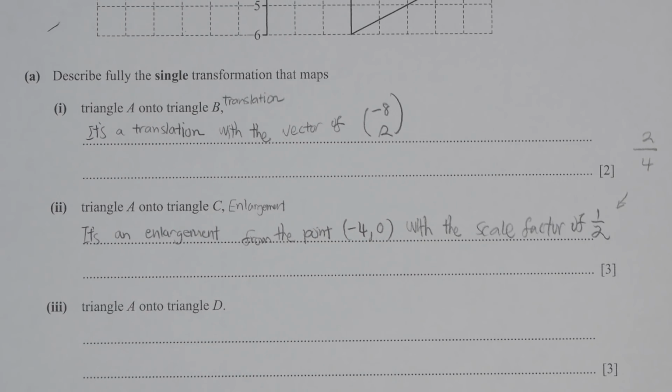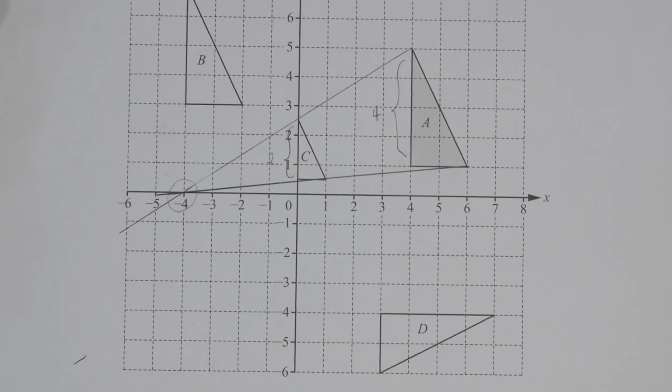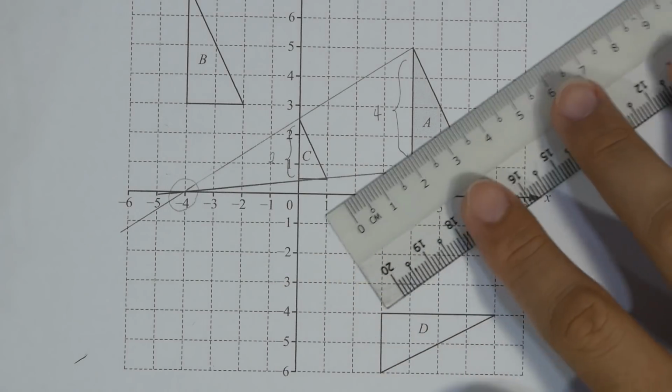Whereby for the third question, triangle A to triangle D, this is actually a rotation of 90 degrees from the point 1, -1.